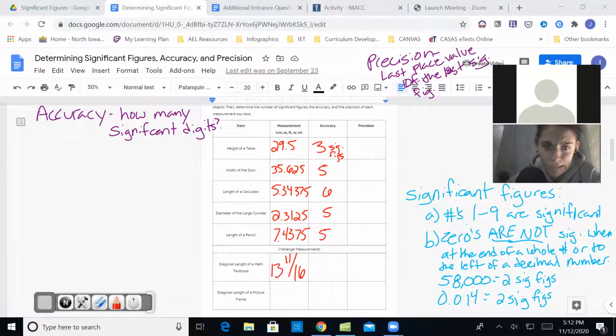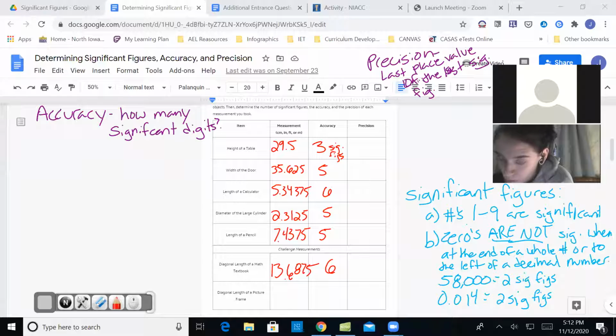Anyone agree with Jennifer? Ava says yes. I will agree with that. We have 13.6875, and that would be 6 significant figures.